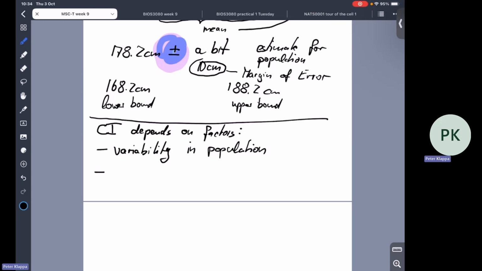I don't need a margin of error. So it would be sample size. The sample size plays a role. The higher the sample size, the smaller this confidence interval. The higher the sample size, the smaller the margin of error.